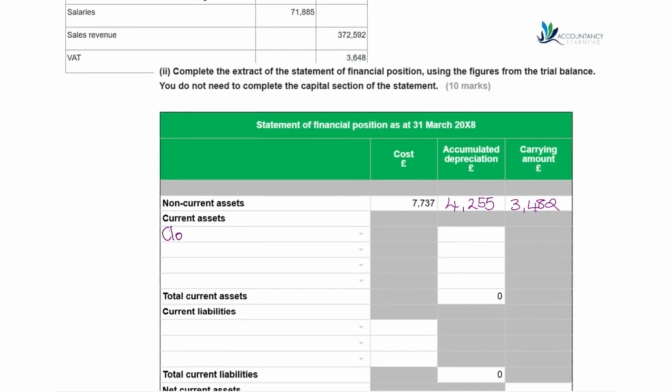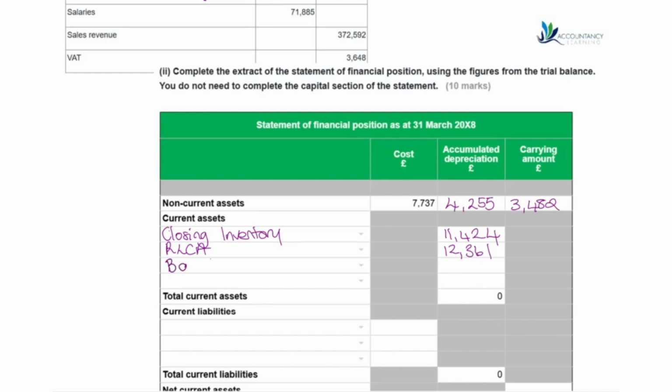So closing inventory, $11,424. We've got the receivables ledger control account, 12,361.